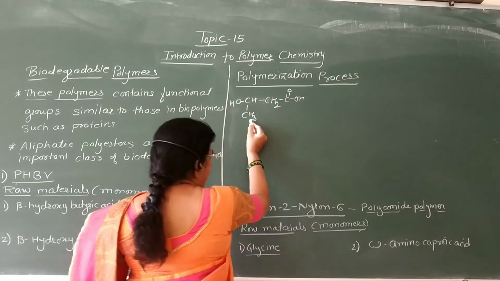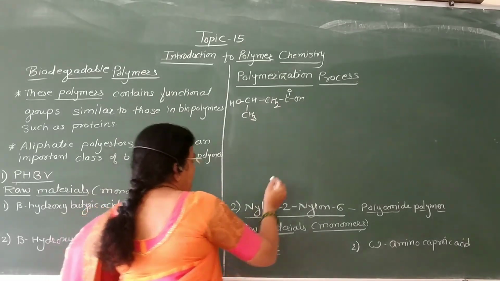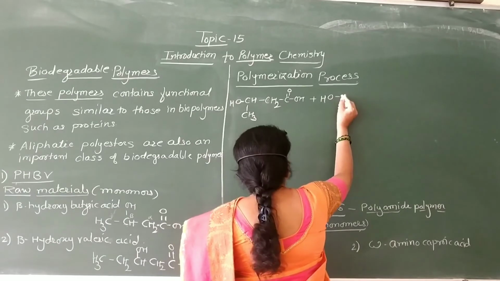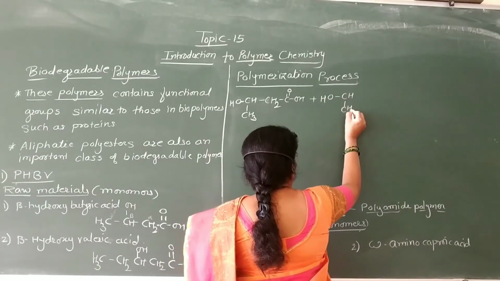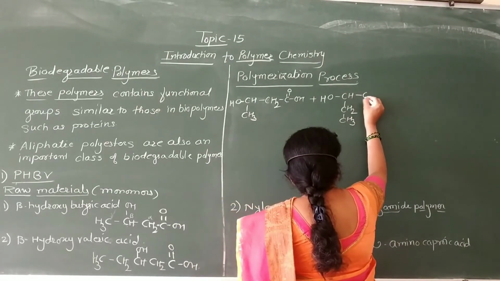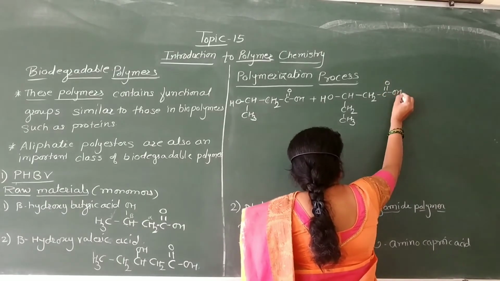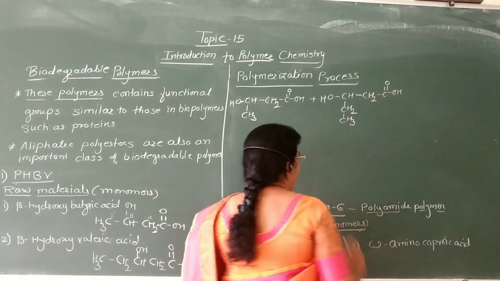This is beta hydroxy butyric acid. Then OH, CH, CH2, CH3, CH2, COOH. This is beta hydroxyvaleric acid, 1, 2, 3, 4, 5.